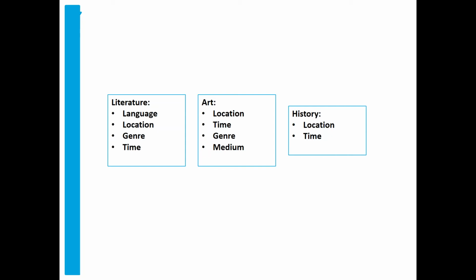And then you get into areas like literature and art, where there are even more facets to consider. And you have language, location, genres, time, medium for art, because sculpture, painting, etching, all different. So one of the things that is helpful to consider is to understand that you're dealing with all of these facets.